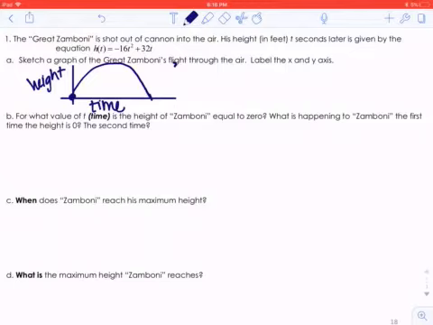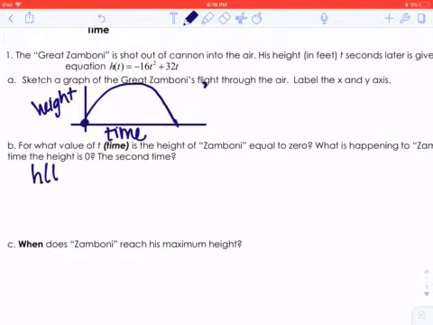All right, so for what value of time t is the height of the Zamboni equal to 0? So you're going to set this equation, h of t equals negative 16t squared plus 32t. We're looking for the time, and they give us that the height is 0. So instead of height, we're going to put in 0.